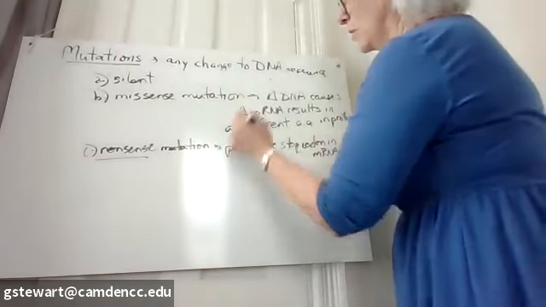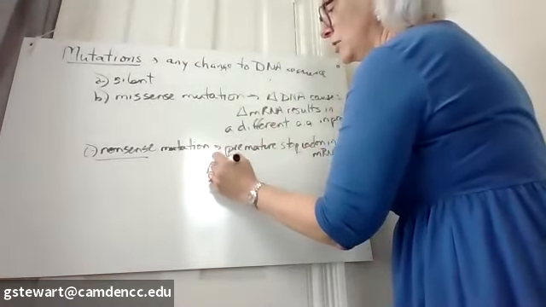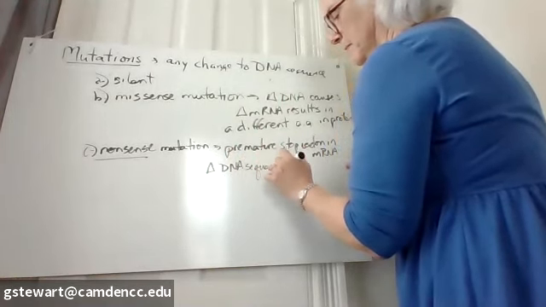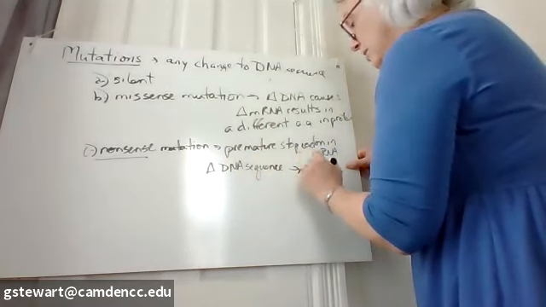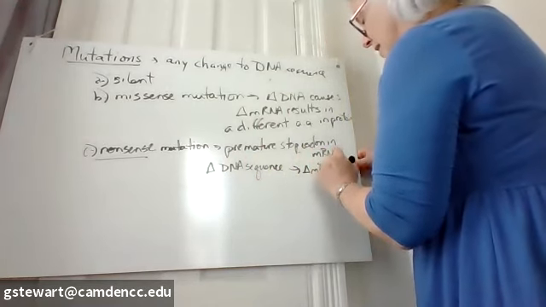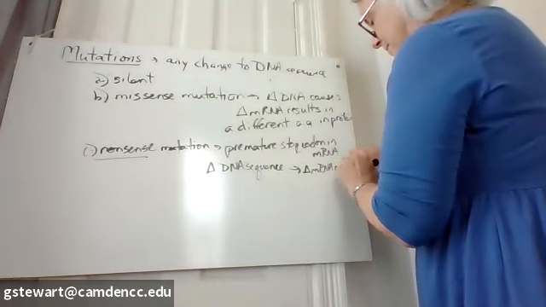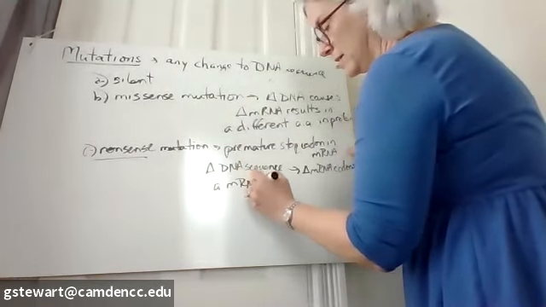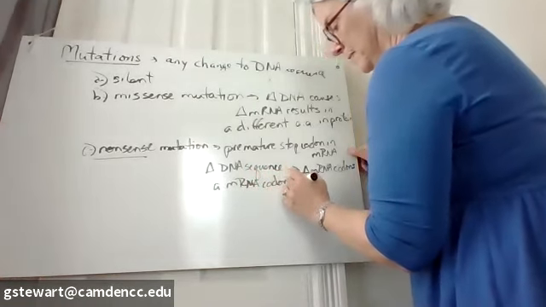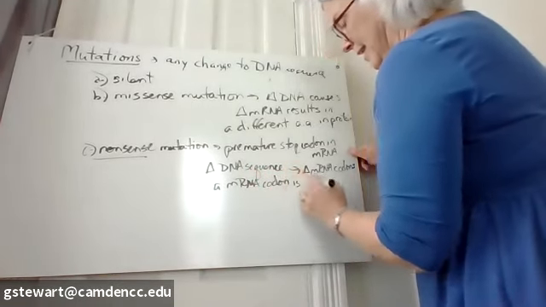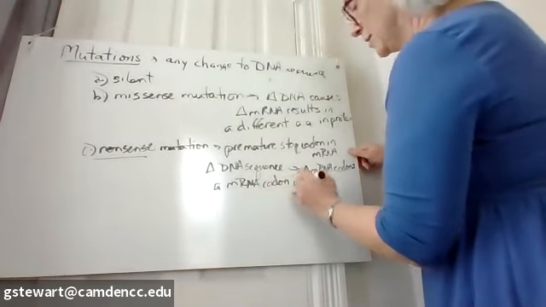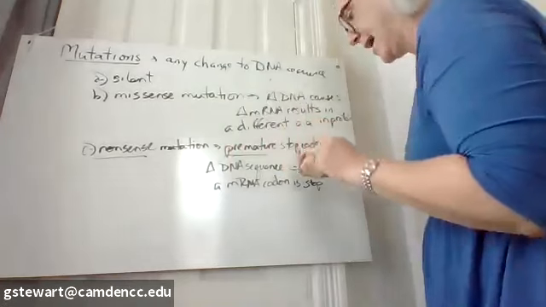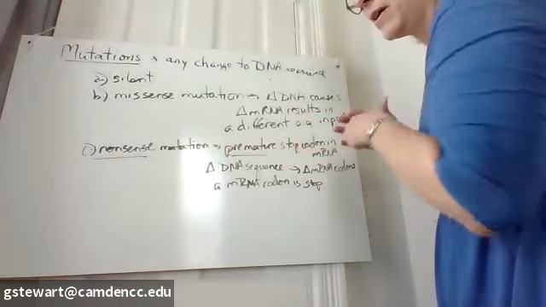So all the way back to the beginning, there's a change to the DNA sequence that changes the messenger RNA codons, and one of the codons becomes a stop. And so it's premature because it's not at the end, somewhere before the official stop codon.